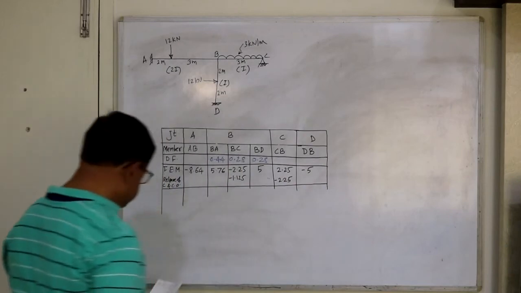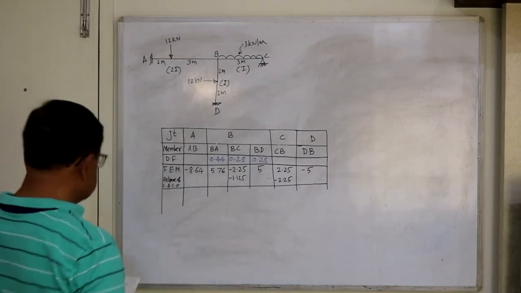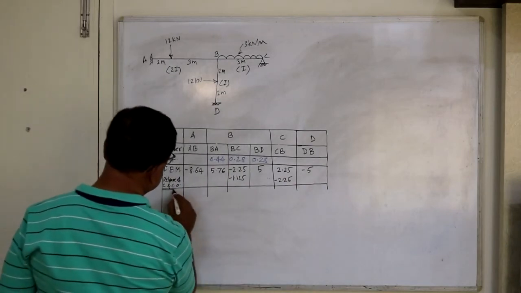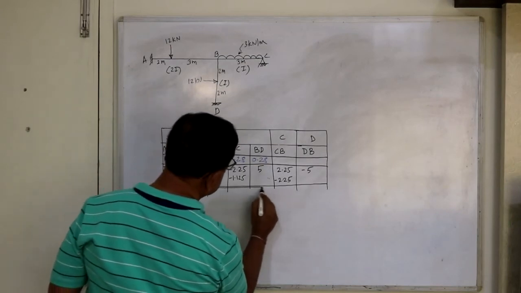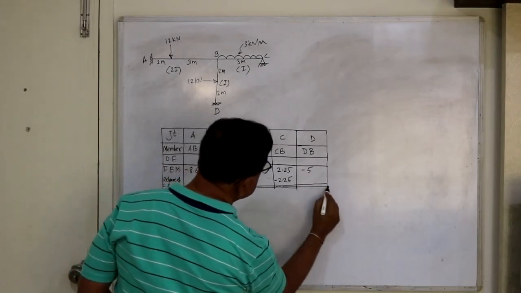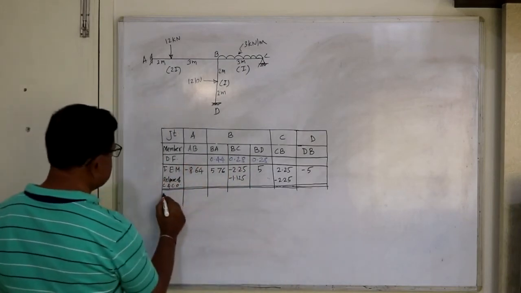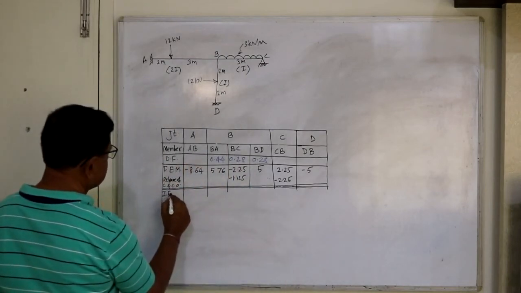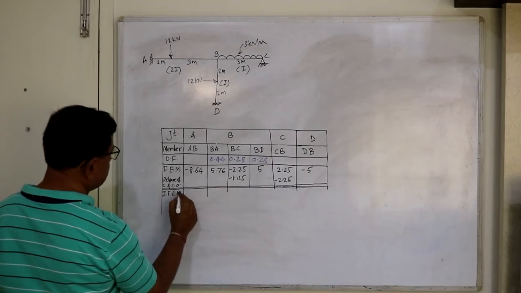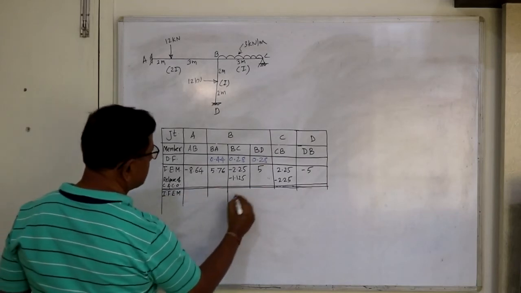Now next is the initial moment. Let's obtain the initial moment. We are following our usual procedure; this table you can use even for continuous beams. So initial, double line, initial fixed end moments. I have marked a double line because I want summation here.